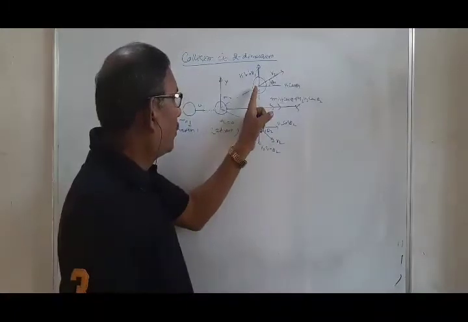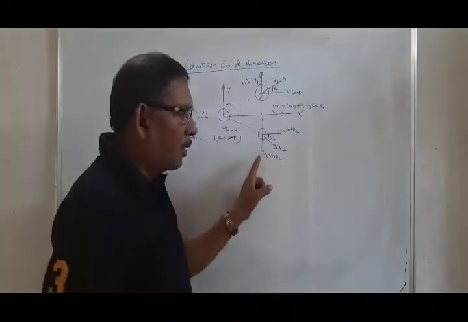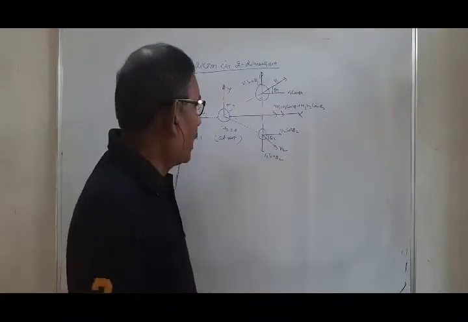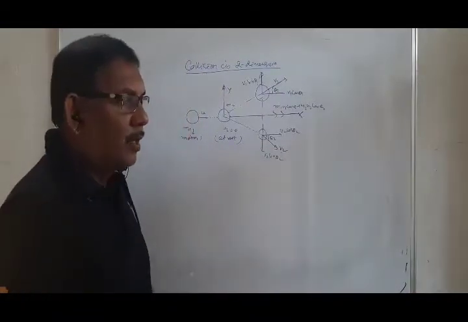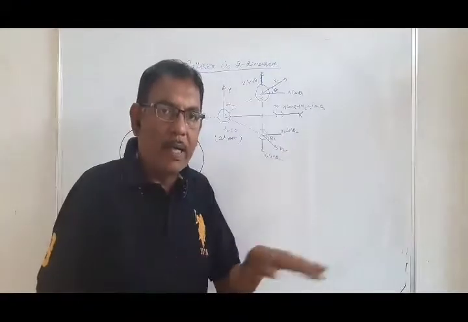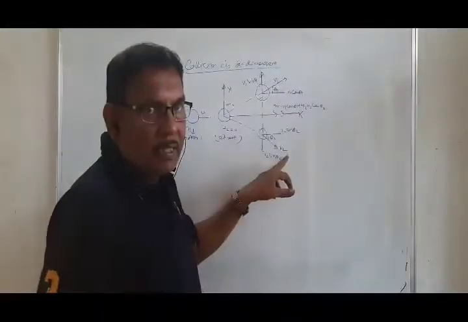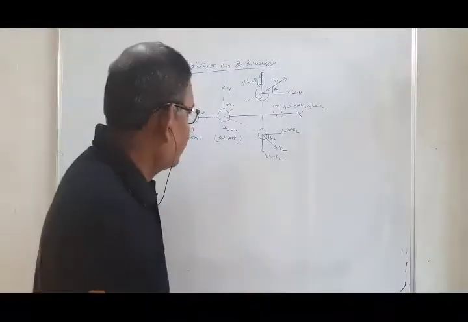Similarly, for the y component, for body 1 it is v1 sin theta 1, and for body 2 it is v2 sin theta 2. In this way, the velocities of the two bodies result in different components along the x axis and y axis, making angles theta 1 and theta 2 with the x axis.